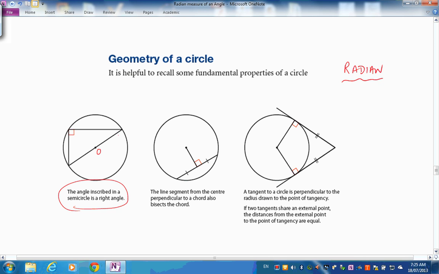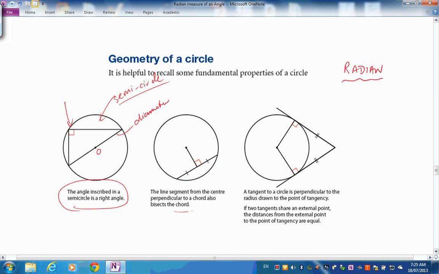So if you've got a diameter here, a straight line through the centre joining 2 points on the circumference, that's a diameter, and this angle is 90, because we call this top of the circle a semicircle. So it means that 90 is being subtended by the diameter.